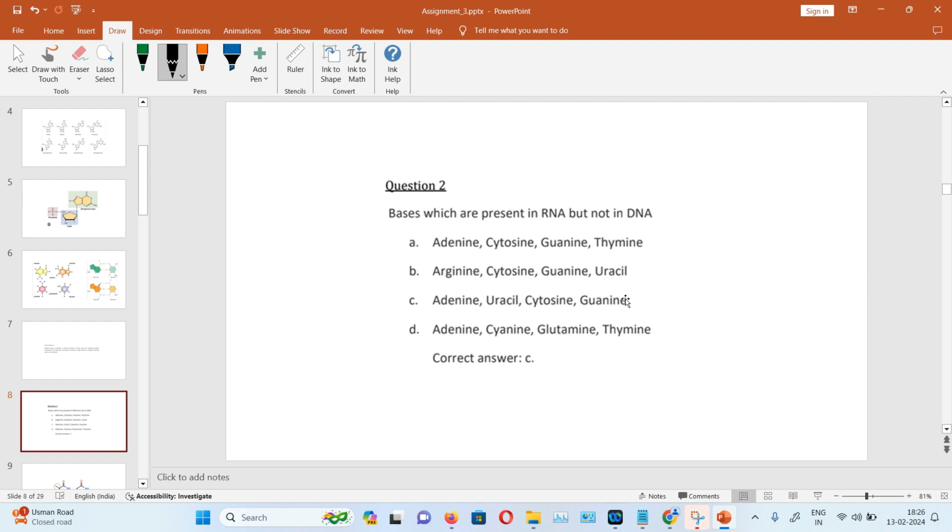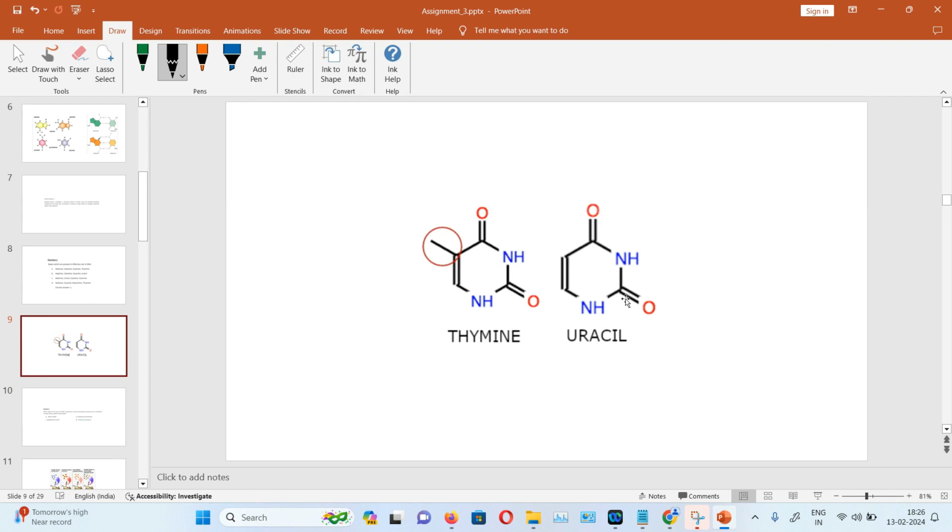Adenine, cytosine, glutamine, thymine: glutamine is an amino acid, so that option is not the answer. And see the difference between thymine and uracil. Both have almost similar structures, except there is one extra methyl group in thymine, and that methyl group is absent in uracil.